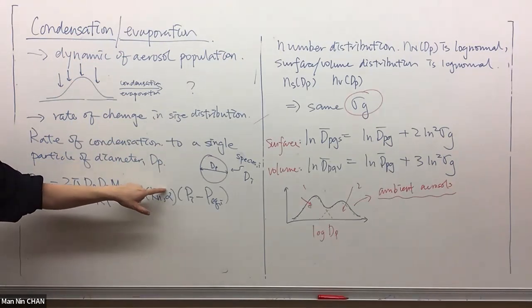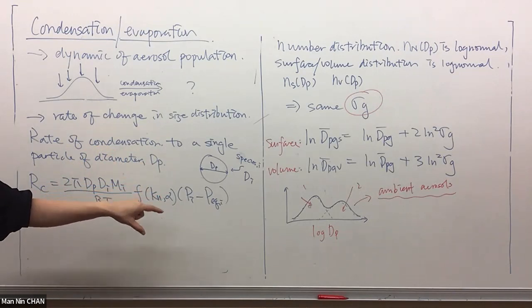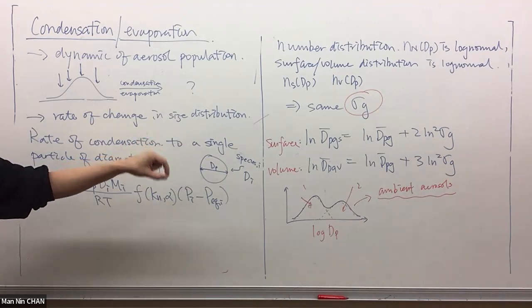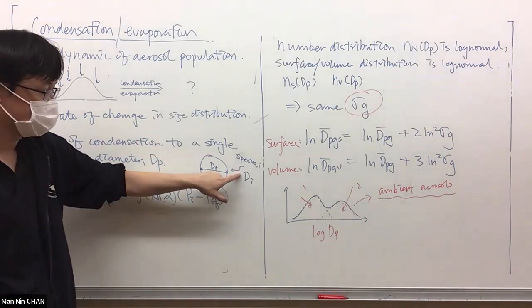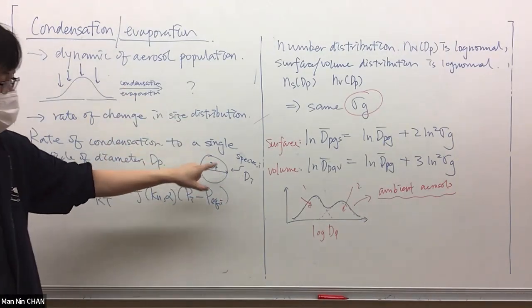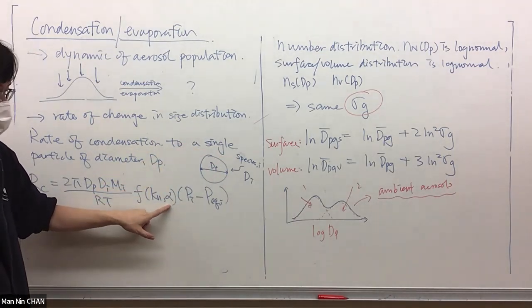When we go down to the small-molecule or free molecular regime, the kinetic regime, the behavior of your particle becomes more like a gas molecule. Every time you have a collision, the condensing molecules do not always stick onto the particle, so we need to correct for this sticking coefficient.